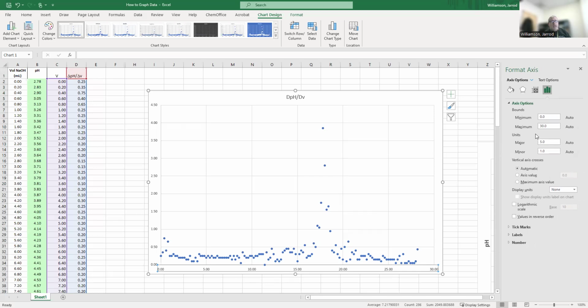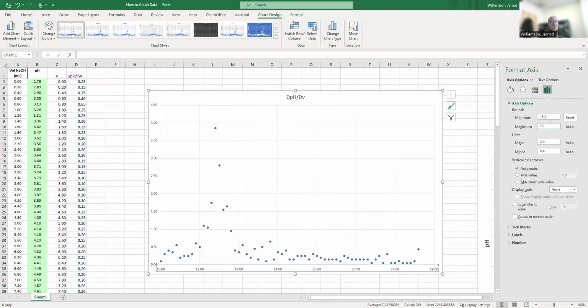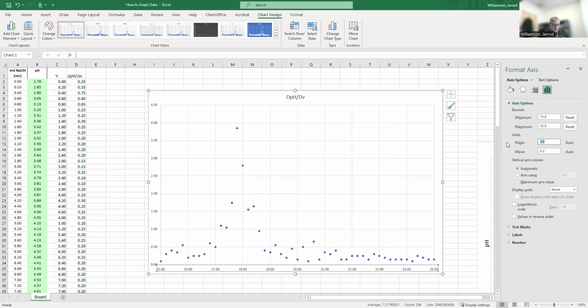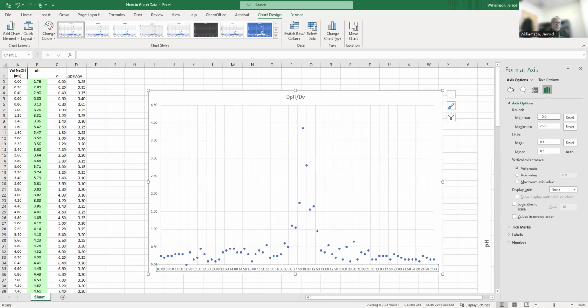Let me see what that looks like. 15, 25. Major is maybe 0.5. Let's see what that looks like. That's a little slanted. Maybe make that 10. Okay. Maybe make this a 1. Maybe go from 12 to 23.